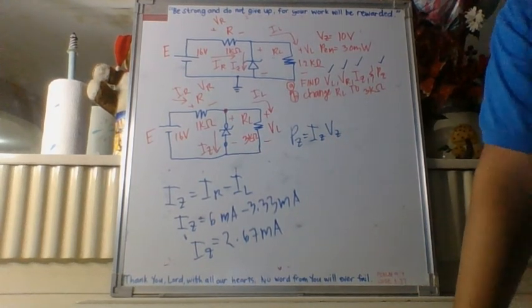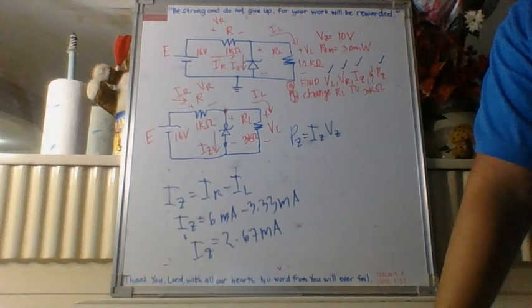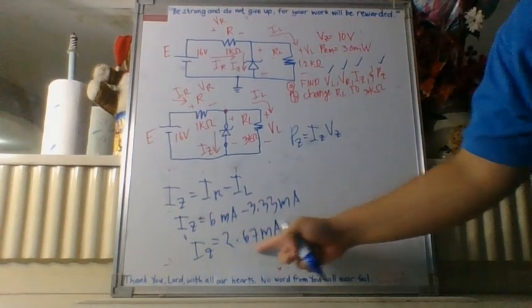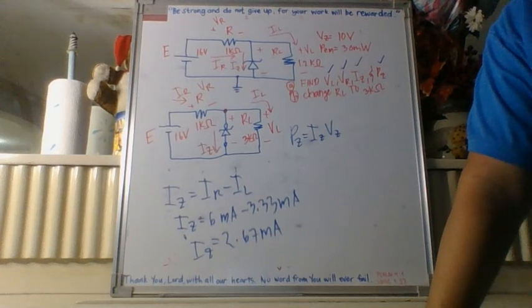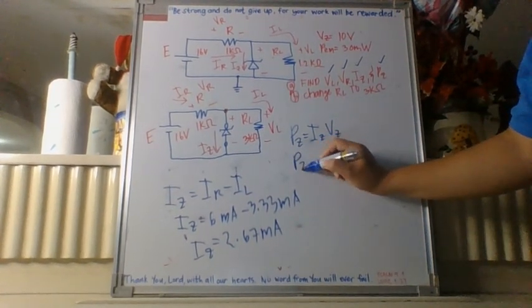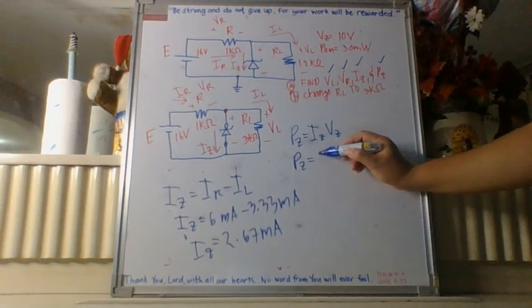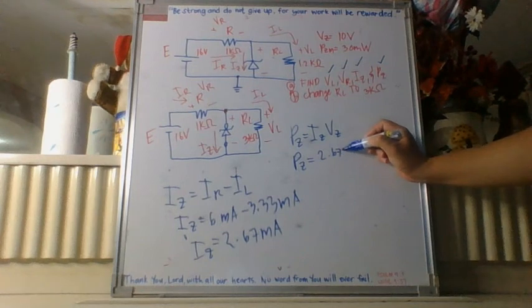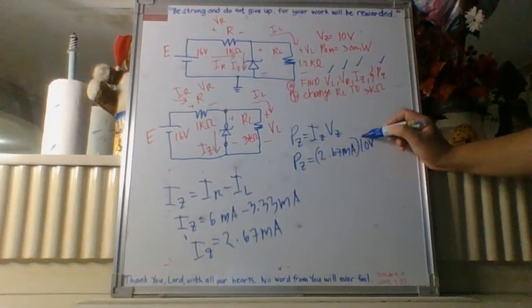Kanina, yung nakonsumong power ng ating Zener diode ay 0 milliwatt. Bakit? Dahil wala namang dumadaang kuryente dun sa ating Zener diode. Ngayon, meron nang dumadaan na 2.67 milliamperes. At bakit? Dahil siya ay nag-regulate. So we can substitute the values for I sub Z and V sub Z. We have 2.67 milliamperes multiplied by 10 volts.